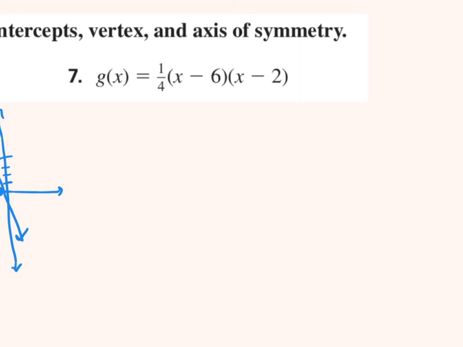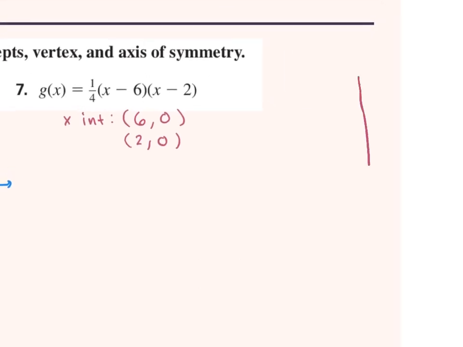Get the x points. So our x-intercept. What would our x-intercepts be? 6 and 0. And then 2 and 0. Perfect. 6, 0, and then 2, 0. So we're going to go graph those 2 points. So we go to the right 2, and then to the right 6.